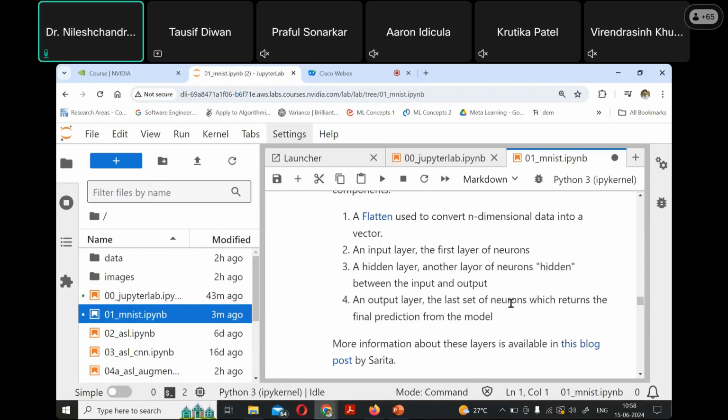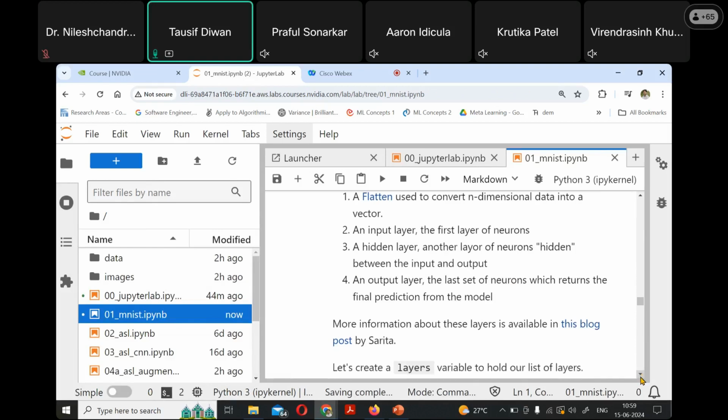Please continue. Okay, so flatten layer is the very first layer. Whatever we are having in the form of matrix, that we will convert it into a vector. This is the first thing that we will do. Then after that, we are having another layer of neurons. That is the first hidden layer, in which 512 neurons are there. Then second hidden layer, wherein once again 512 neurons.